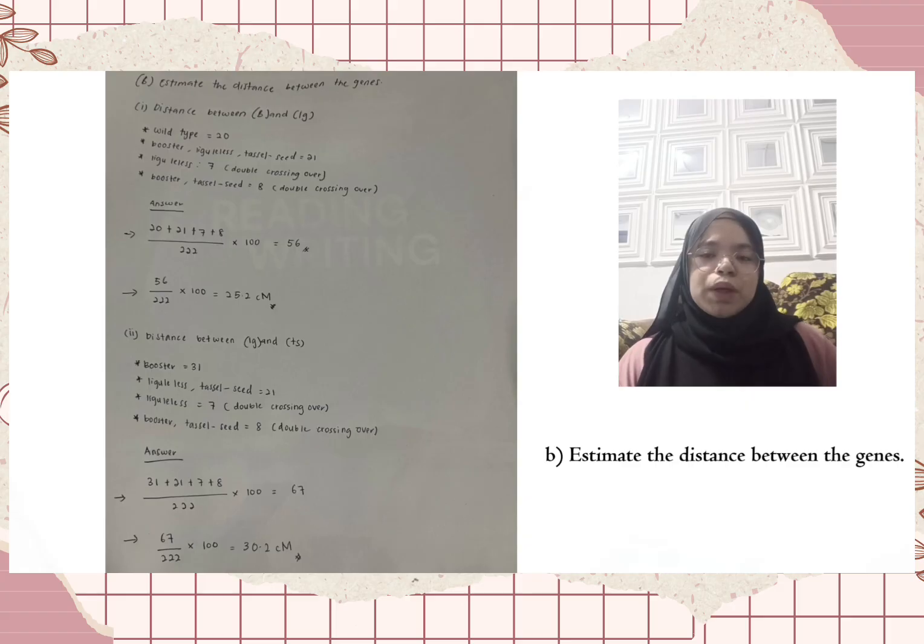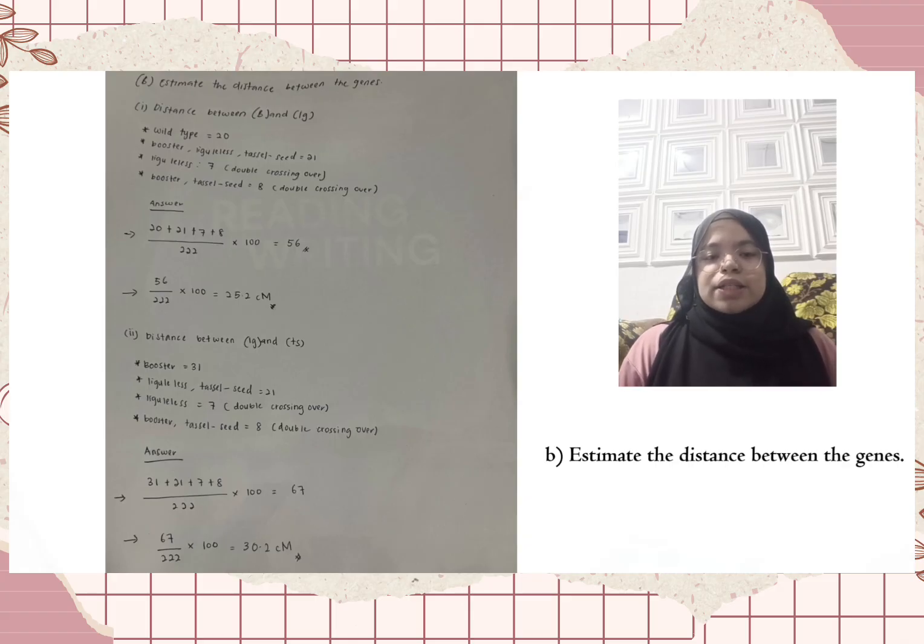For the distance between LG and TS, the recombinant classes are booster is 31, liguleless tassel seed is 21, liguleless 7, and the last is booster tassel seed is 8. So the distance between LG and TS is 31 plus 21 plus 7 plus 8 over 222 multiplied by 100.